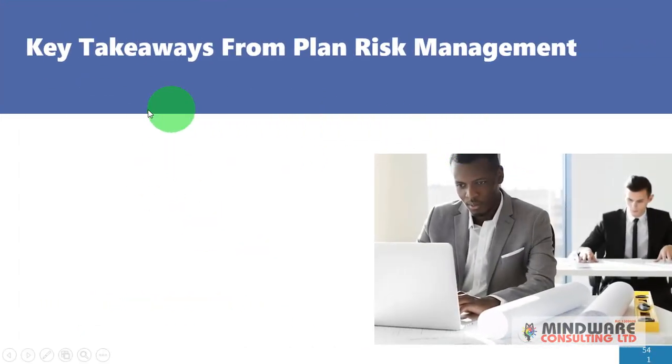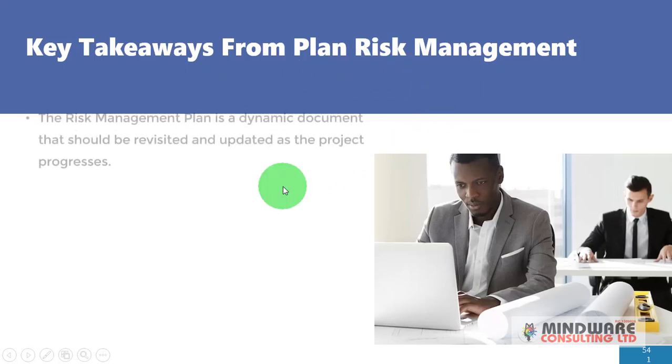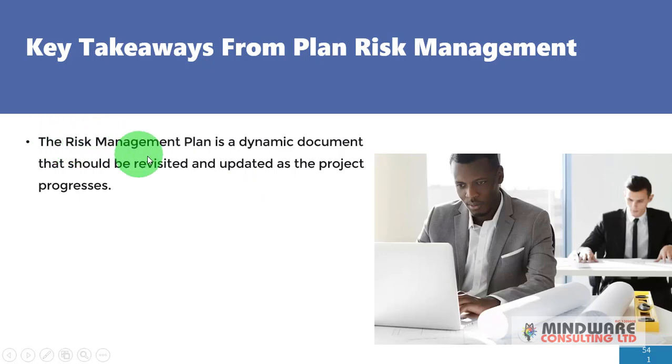All right, so what are the key takeaways from the plan risk management process? The risk management plan is a dynamic document that should be revisited and updated as the project progresses. So even though it's a working document, you have to keep revisiting and updating at every phase in the project.